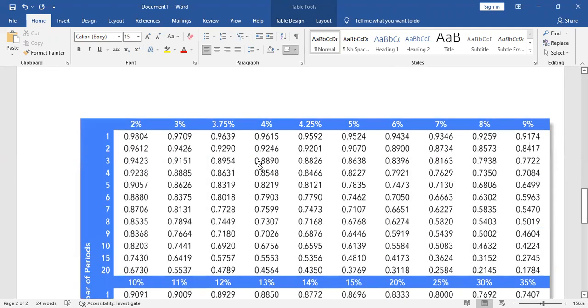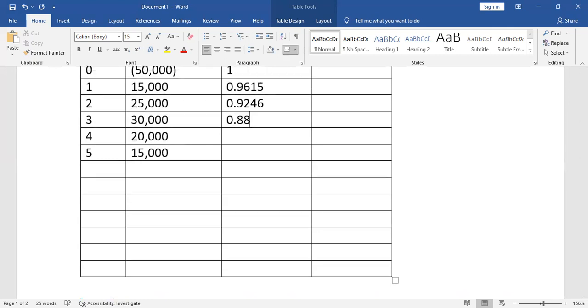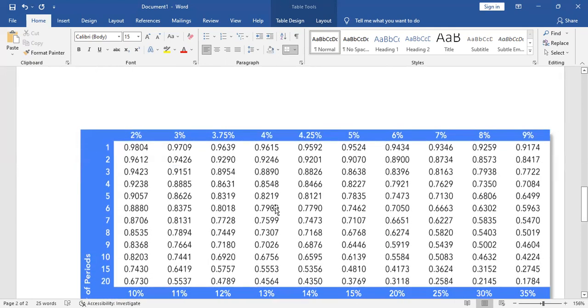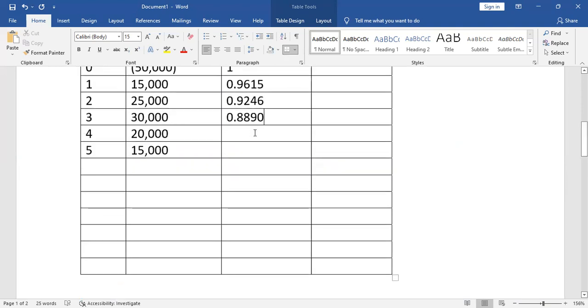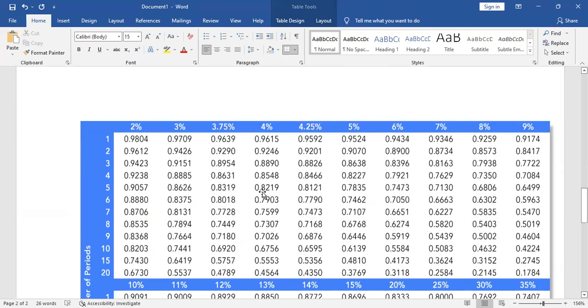The third one is 0.8890. The fourth one, at 4%, period 4, is 0.8548. And the one for year 5 is 0.8219.